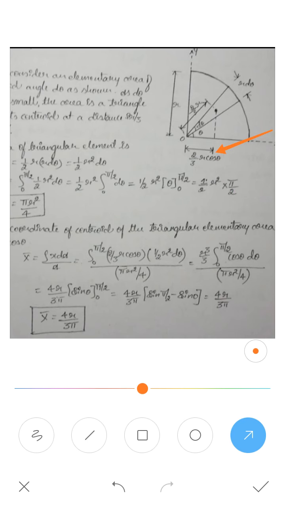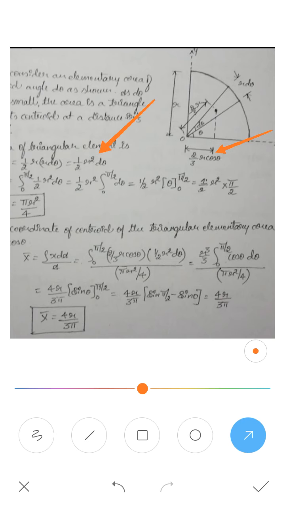Now the dA, I know that. What is dA here? That is the smallest area, which I am showing here. That is half r square into d theta. So that is the formula. The x distance is 2 by 3 r cos theta, I have written here. And dA is half r square into d theta.